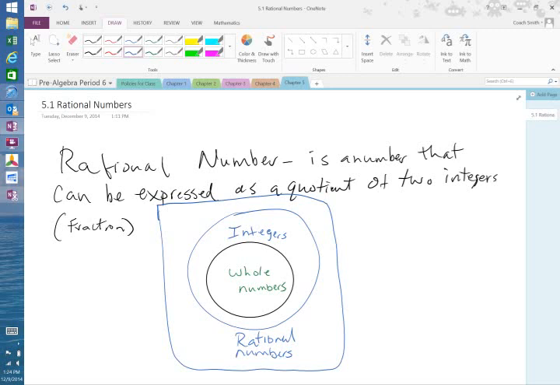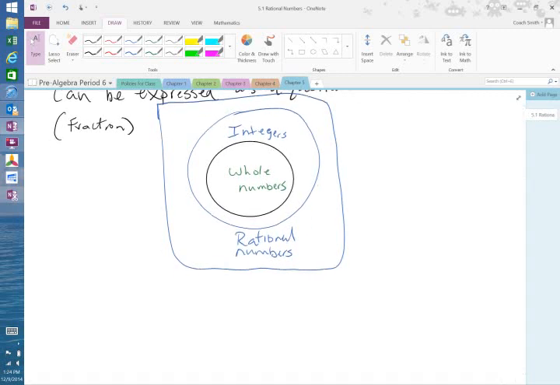Okay, rational numbers are numbers that can be expressed as a quotient, a division problem, of two integers. Okay, what we think of as a division problem is just a fraction. For example, this would be a rational number, 2.3. The reason that's a rational number is because I can express that as a quotient of two integers.